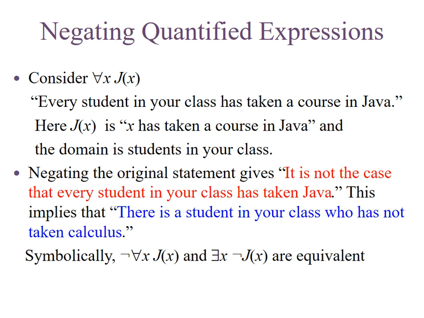So we can use not for all x J(x), which is the negation of the original sentence, and rewrite it as for some x not J(x). If we can find someone in this class who has not taken Java, then we have the negation of the original sentence, not everyone in this class has taken Java. So they are equivalent forms.